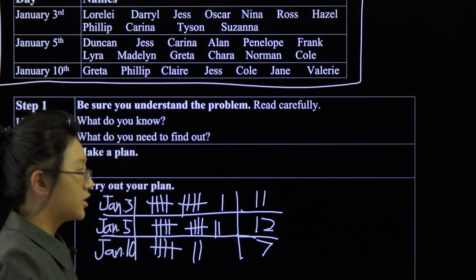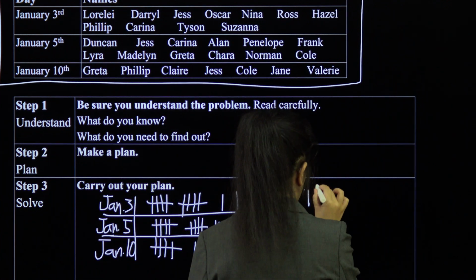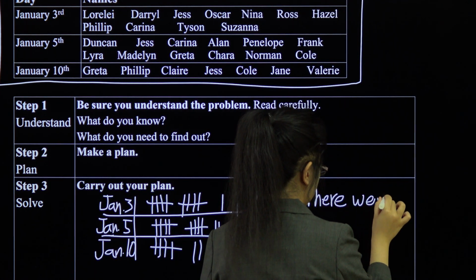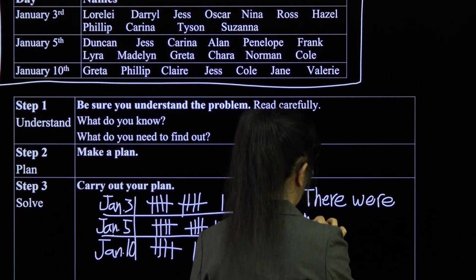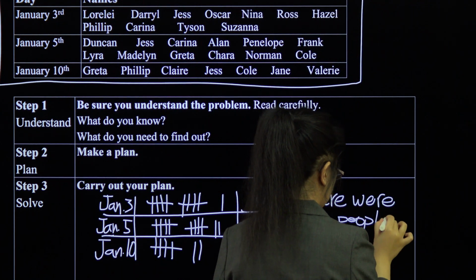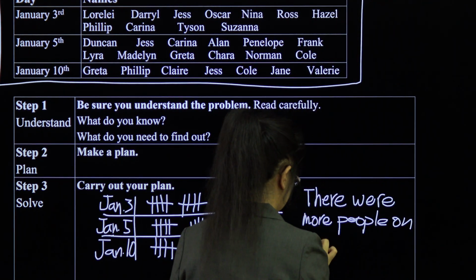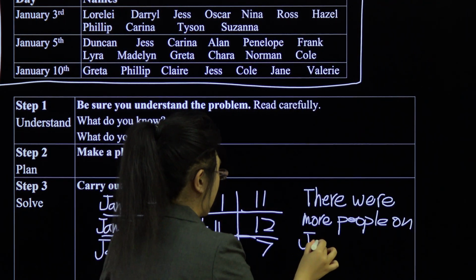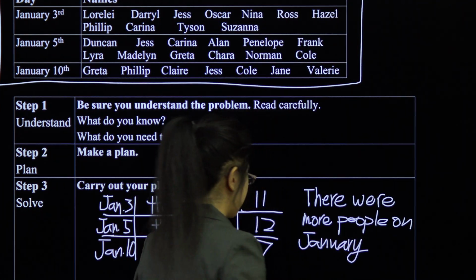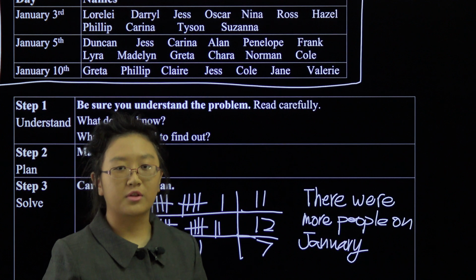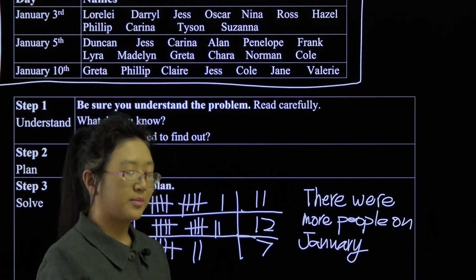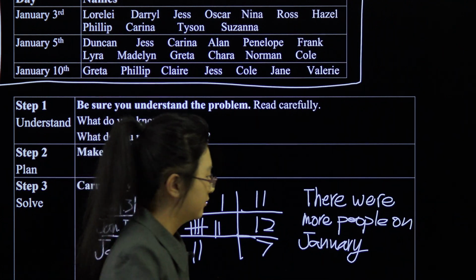Which day had the most? There were more people on January. Okay, guys, is 11 bigger or is 12 bigger? 12. Is 12 bigger or is 7 bigger? 12.